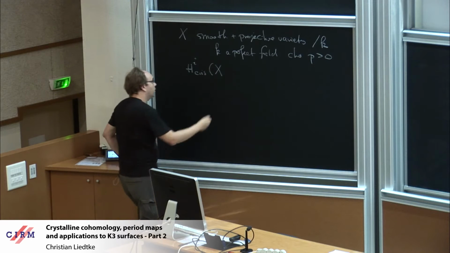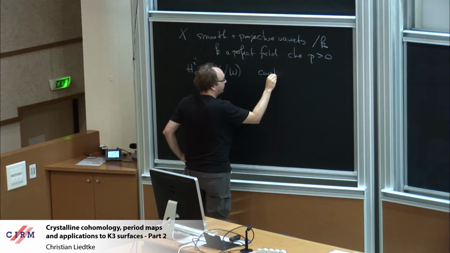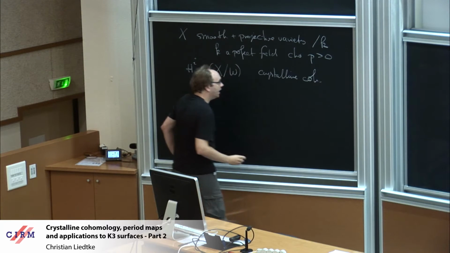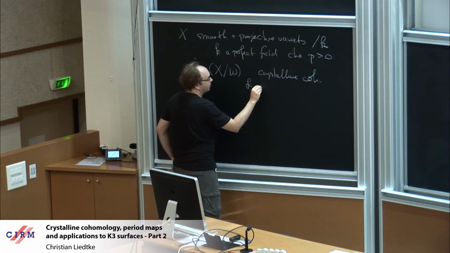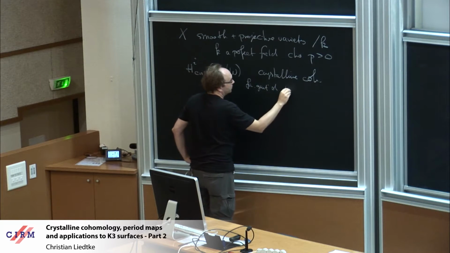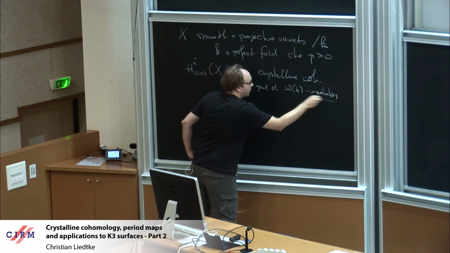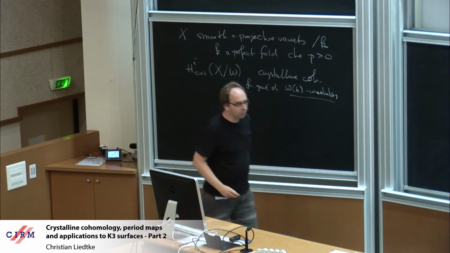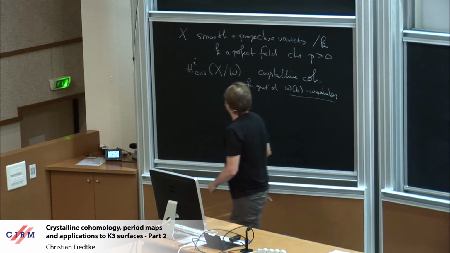called crystalline cohomology, W crystalline cohomology. These are finitely generated modules over the Witt ring. So this is a discrete valuation ring, complete with residue field little k, and in some sense universal.